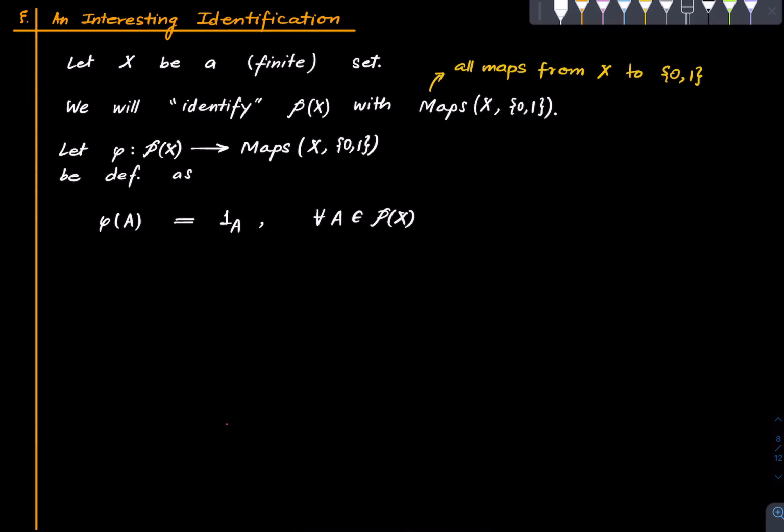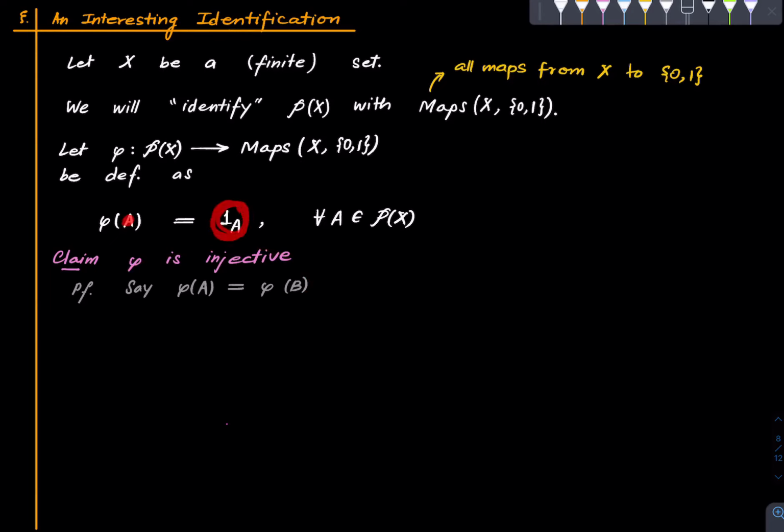So that's our map. It takes a subset of X and outputs the corresponding indicator function, and we claim that phi is injective. That's a very simple claim. So say phi A equals phi B. Before we continue with this, suppose A were the empty set.